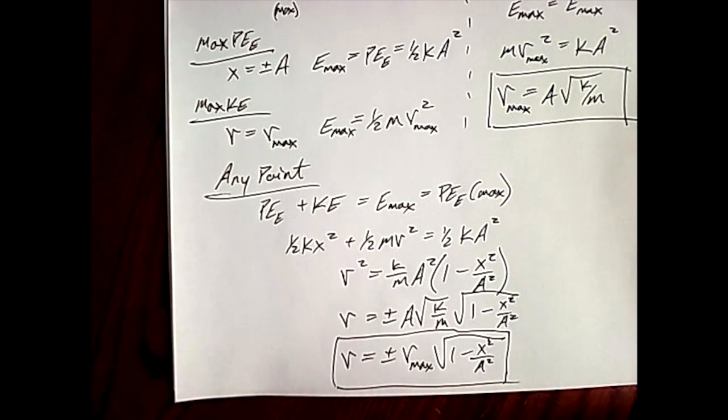As I said before, this can be very useful for comparing to other harmonic systems, because in this particular calculation, if we are able to determine the maximum velocity of that system based on its physical characteristics, we can describe the speed at any point based on its maximum displacement and the position it is at that time.